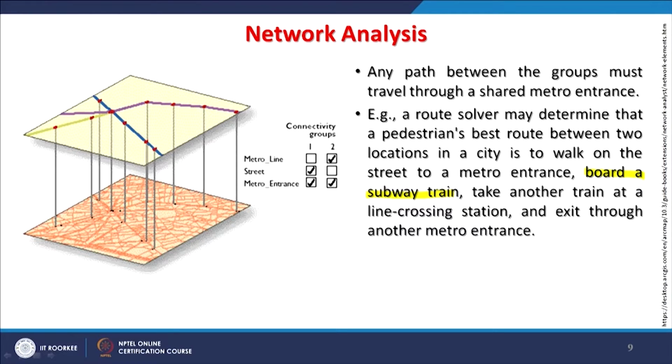What it means is that in many big cities, metros have multiple lines, like orange line, blue line, green line, and there may be different levels underground.